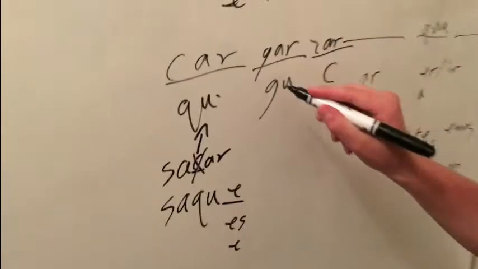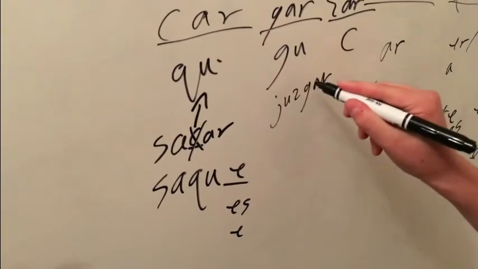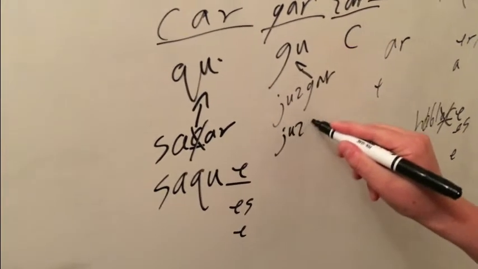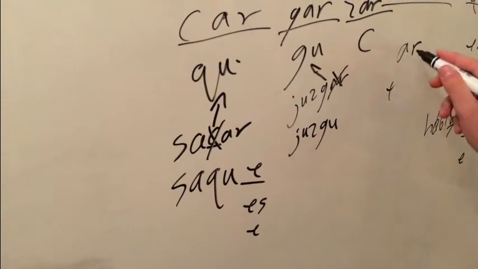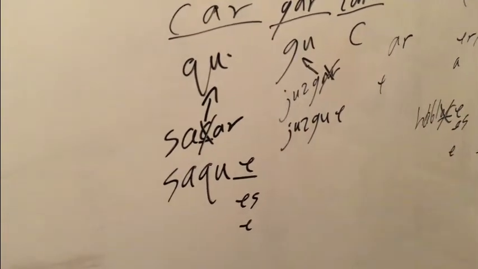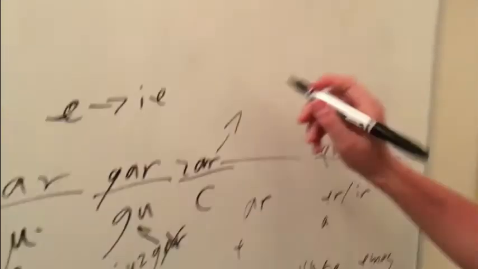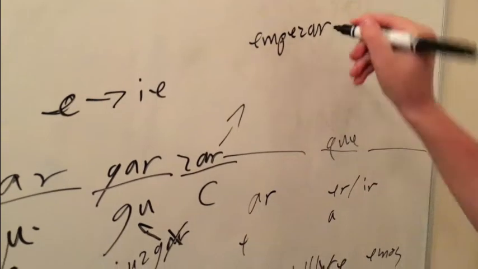And then for gar, you'd have juzgar, which means to judge. Then this G will change into a GU, so all you do is you add the U, you chop off this ending here, and then you just add your AR endings. And then for zar, let's just say you have empezar, which means to start.